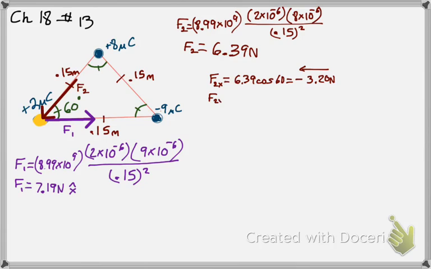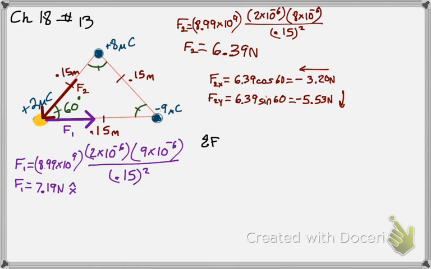Now when we look at the y component, we do the same thing except we use sine of 60, and we get 5.53. But again, it's pointing down, so the 5.53 is actually going to be negative. So then in order to find the net force, luckily we only have two forces.